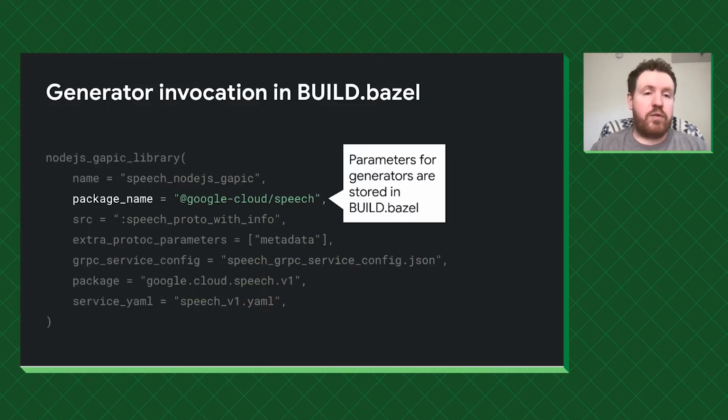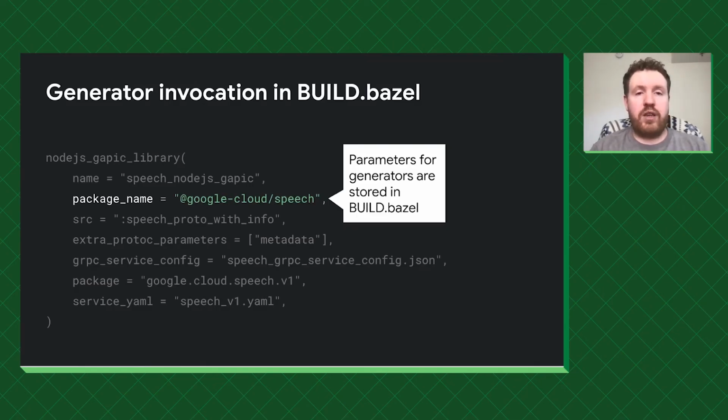If we look at the parameters for the rule, we can see some parameters that we need to pass to the generator along with the protocol buffer definitions. Previously, when we used Docker, these parameters were stored in the shell scripts, and now we store all these parameters in the build files. They are the source of truth for all configuration for the generators.